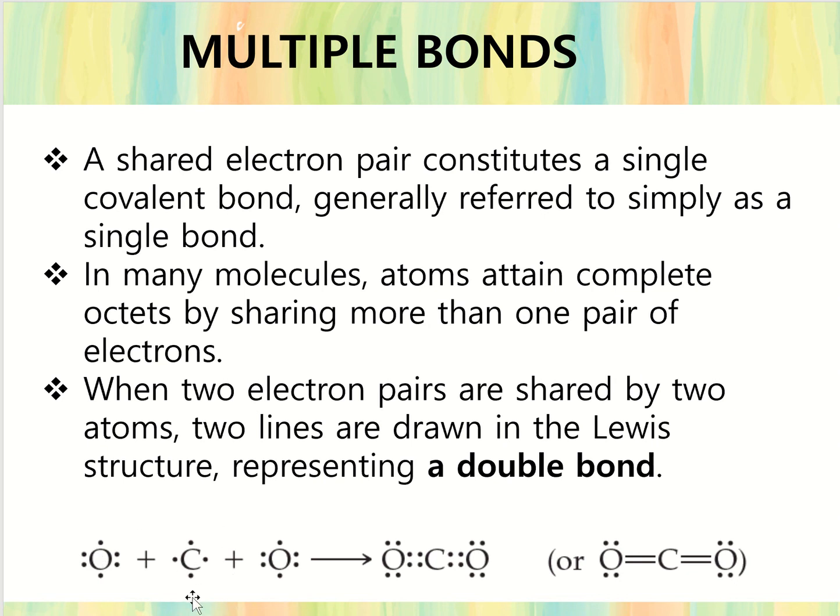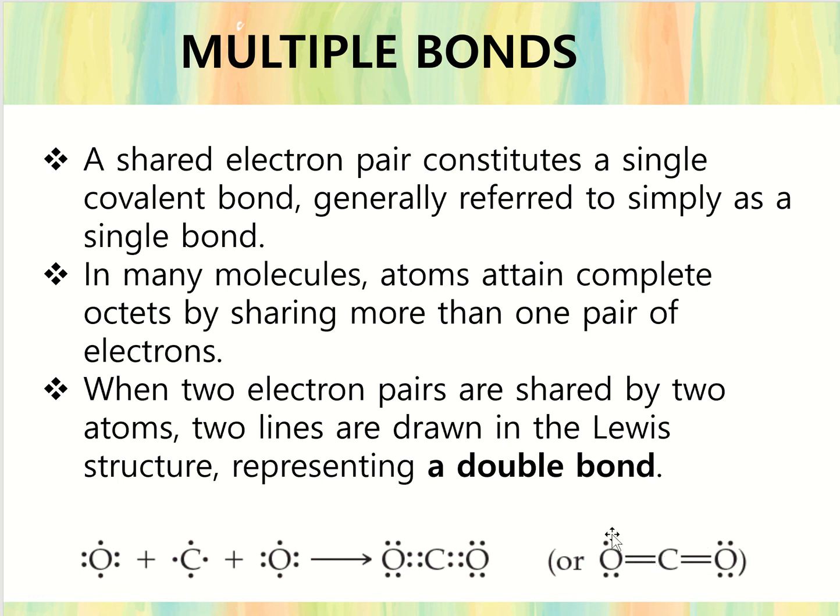Right, so we have carbon here that has 4 valence electrons, and here we can show the sharing of this electron and this electron and this one and this one to form the double bond on this side, and then this and this and this and this to form the double bond on the other side, right?